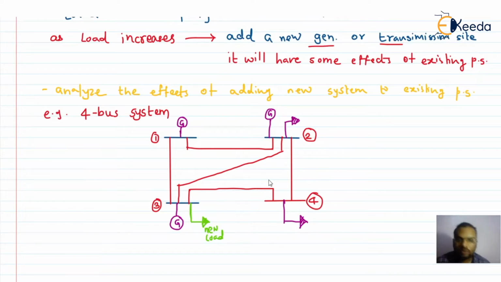If I know those four quantities at the various buses in the system, then I can analyze the effect of adding a new generator on these buses. If I add a generator on bus number 1, what will be the effect on the existing power system?